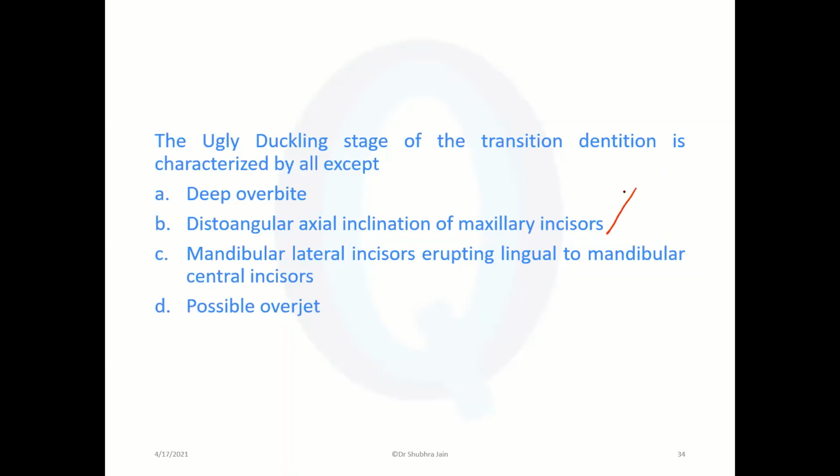Yes, because the incisors go on a distalized inclination, disto-angular inclination. So this seems to be correct. We don't know about these. Let's see the third option. Mandibular lateral incisors erupting lingual to the mandibular central incisors. This does not happen. What happens is they just tip distally. So this is the all except, this is the right answer.